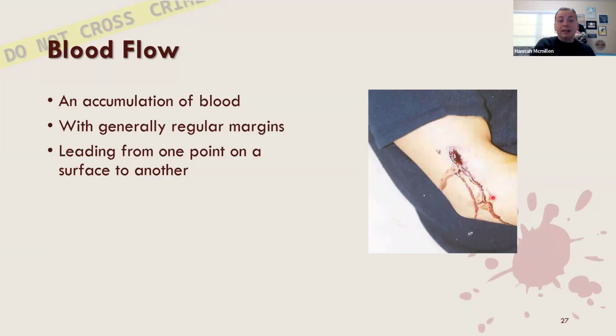So they very well could have been sitting up rather than lying down on their back, because if they were lying down on their back, then you would likely see blood flowing in all directions, since that would be a 90-degree angle, but it's being pulled towards the ground. So they had to be standing up. And you can follow that direction back up, similar to what we do with our impact stains. Follow up and then, originated here, and that's the direction and the angle at which the blood was flowing.